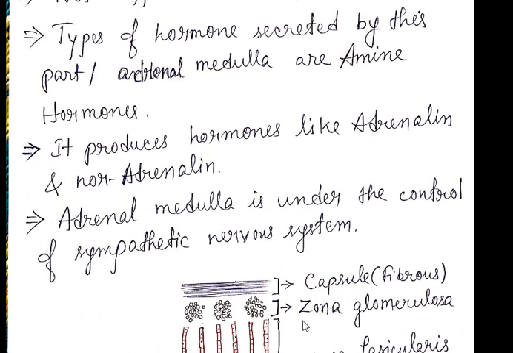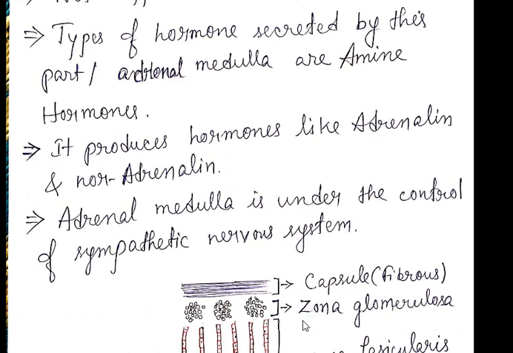As we have discussed, the cortex secretes hormones that are steroid hormones, and the hormones secreted by the medulla are amine hormones. The most important hormones of the medulla are adrenaline and noradrenaline, or in a different way, epinephrine and norepinephrine.